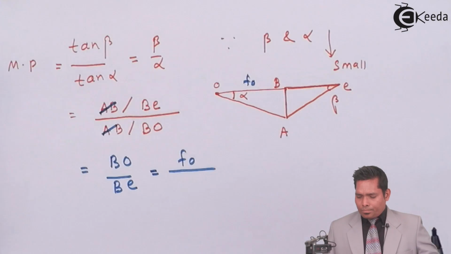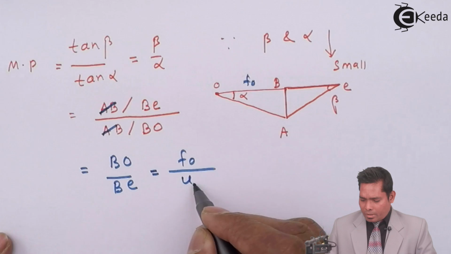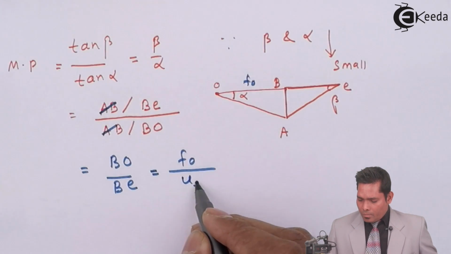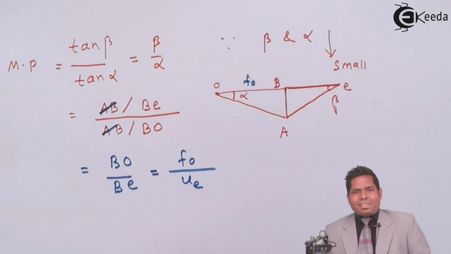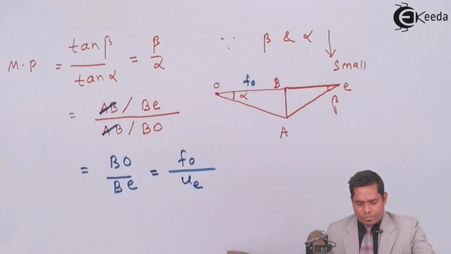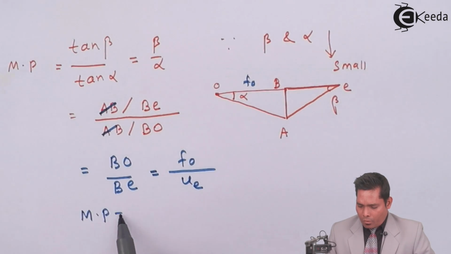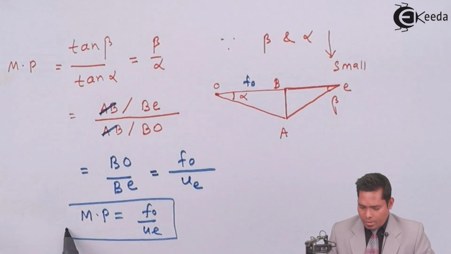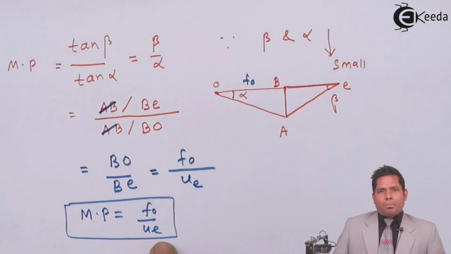So therefore the object distance for this BE is UE, because the image formed by the objective acts as object for the eyepiece. So FO upon UE, this is the magnifying formula for a general case.